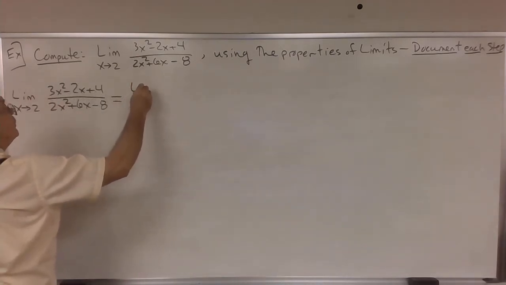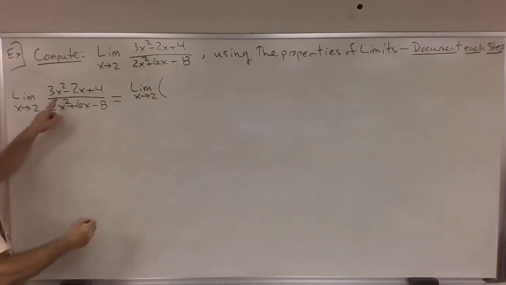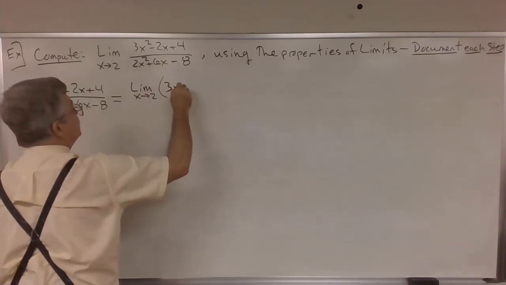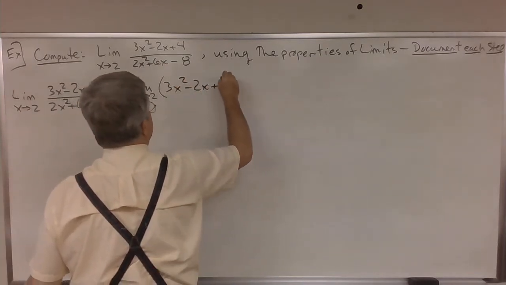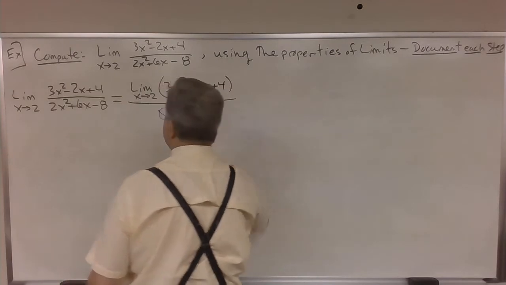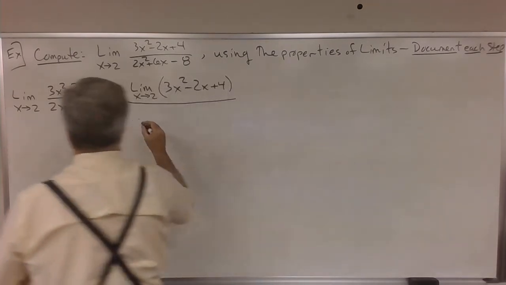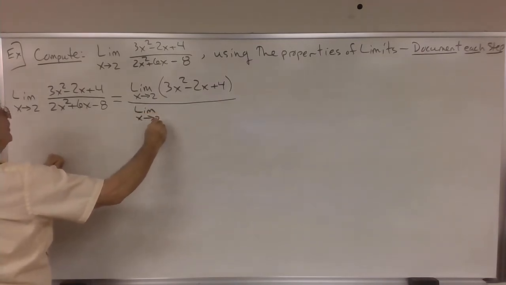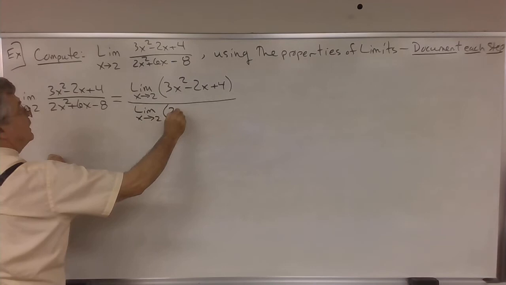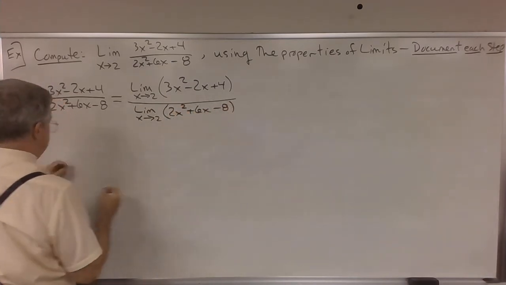So the limit of the numerator as x approaches 2 of 3x squared minus 2x plus 4, all over the limit of the denominator as x approaches 2 of 2x squared plus 6x minus 8.